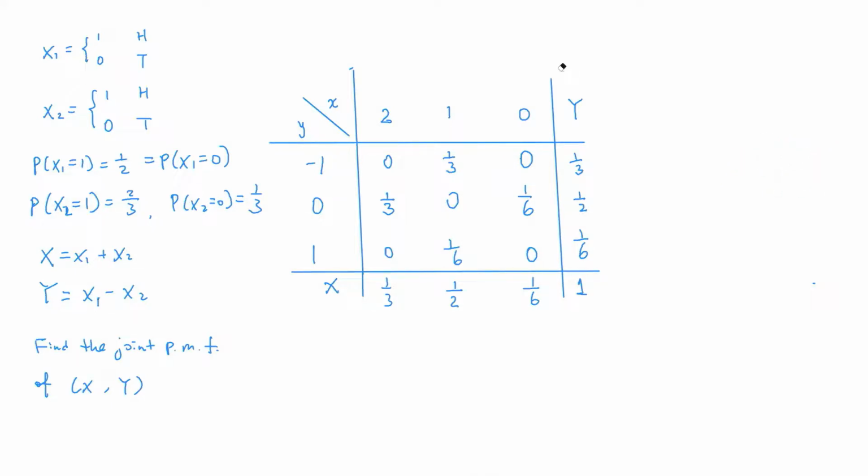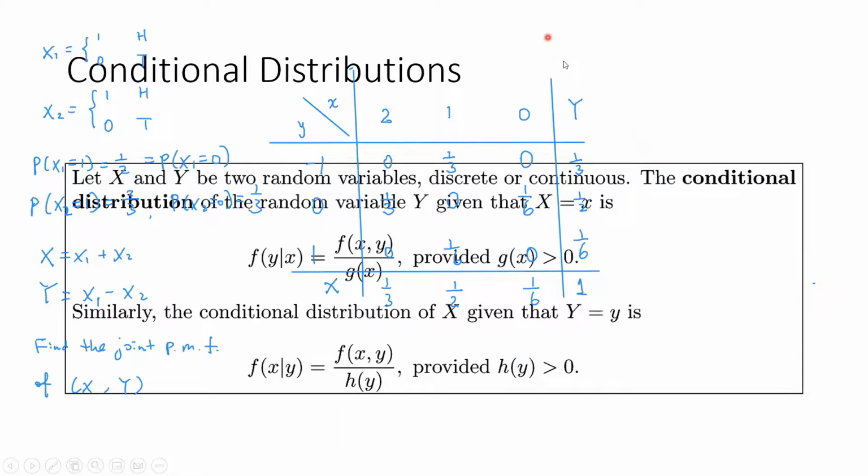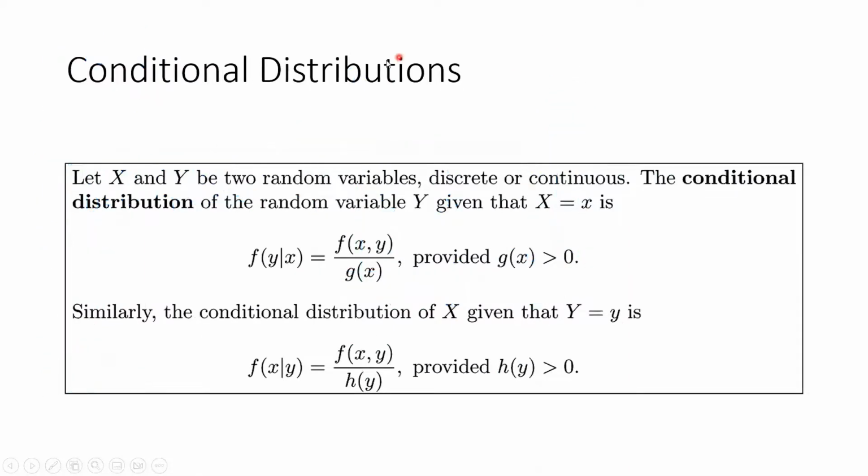Let's move on to another new concept called conditional distribution. The definition of conditional distribution is simply the joint distribution divided by the marginal.